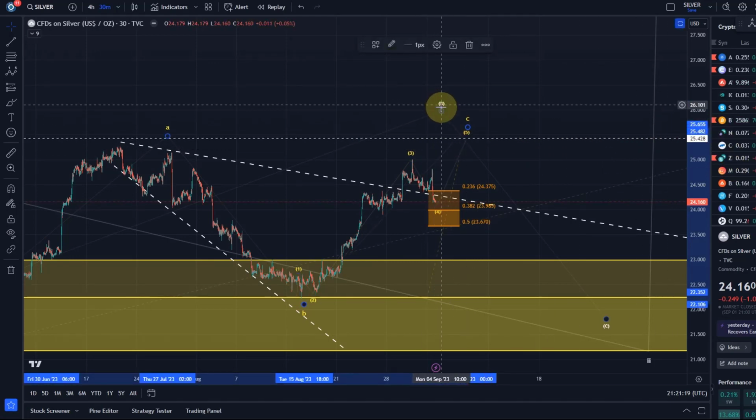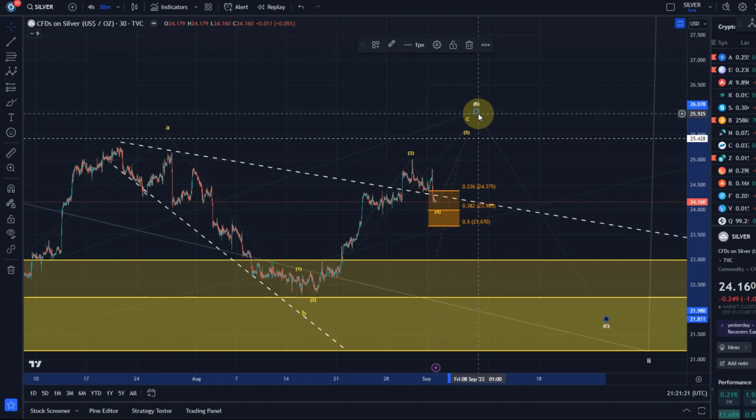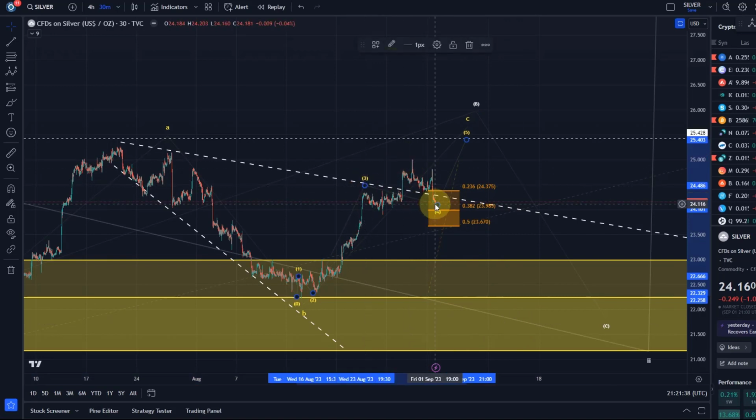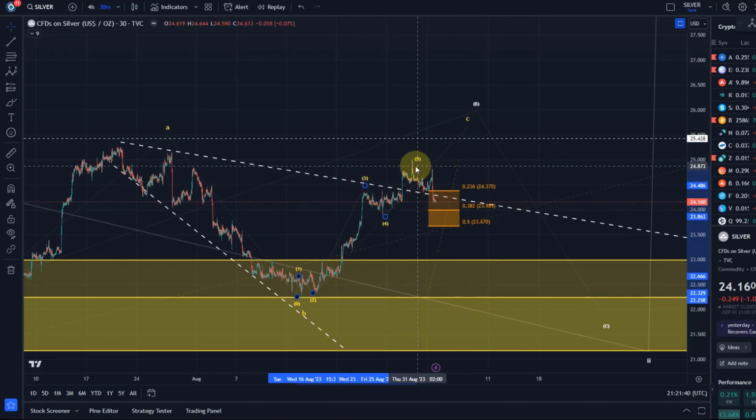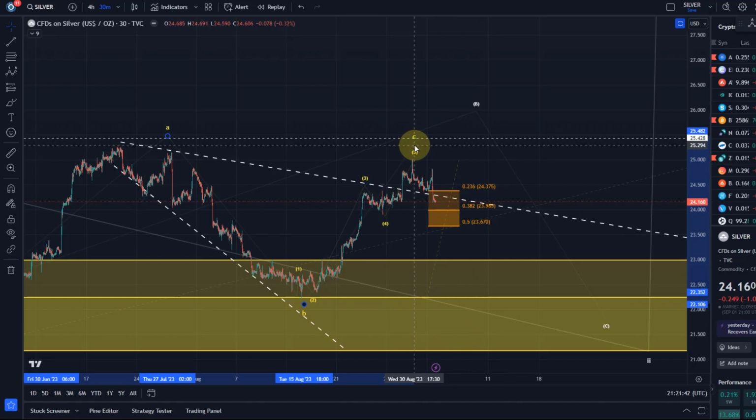This will be determined by the next bounce. If we get another bounce, and it could just be a small one, if the next bounce is impulsive, then it will likely take us to $25.43. If the next bounce is just corrective, then I think we're already heading down, and then the 3rd wave did sit here, the 4th here, the 5th here, and it's going to be like that.